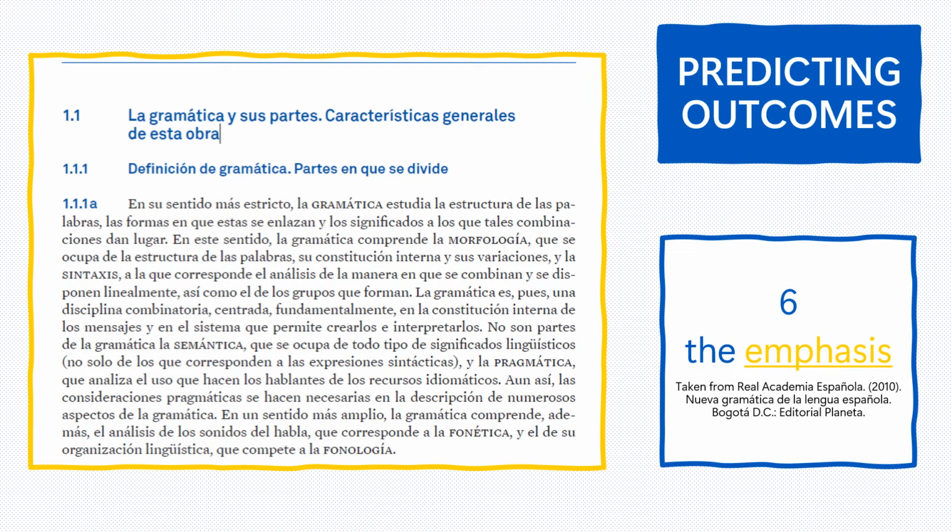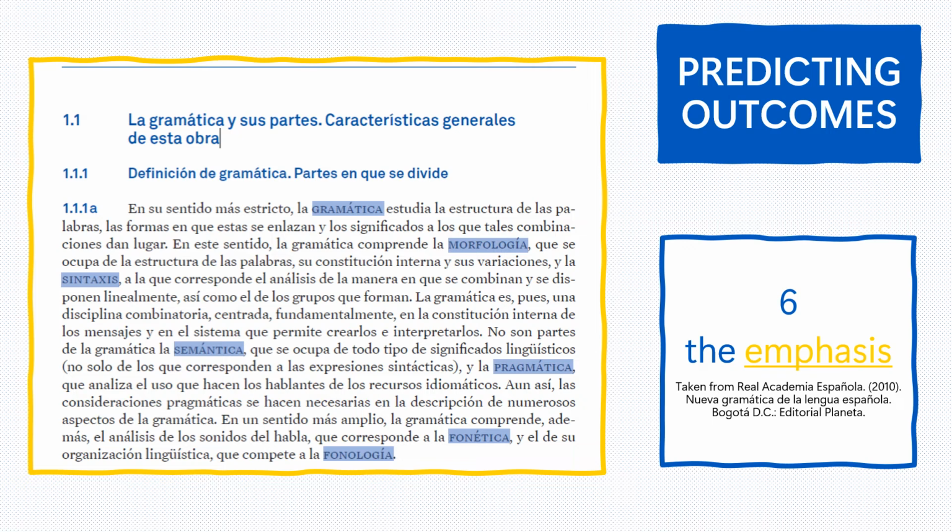Now, at the end, number six, this predicting outcomes is called the emphasis. So bold, italic, underline, bullets, numbering, you name it. The emphasis talks to us. For example, we can predict that words in uppercase or capital letters mean something.